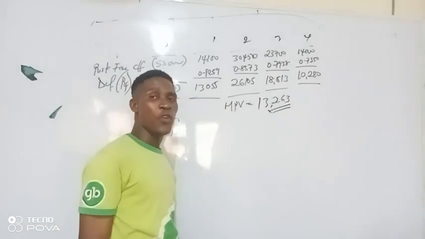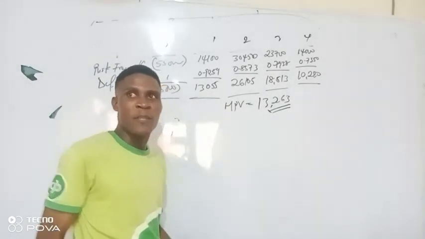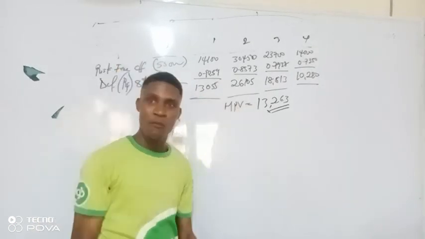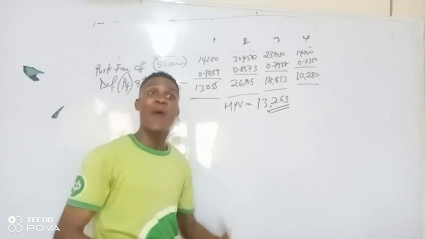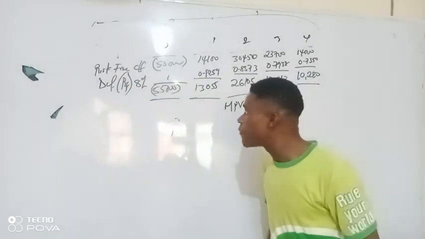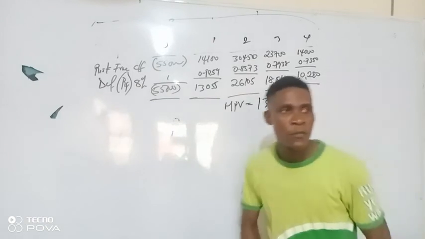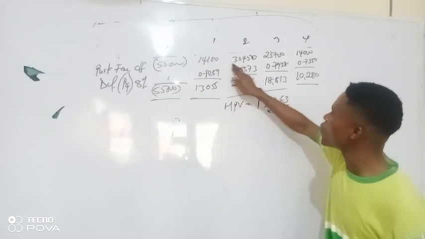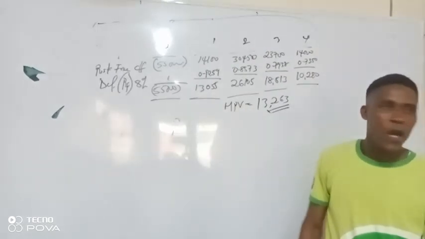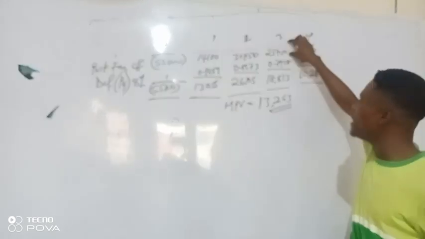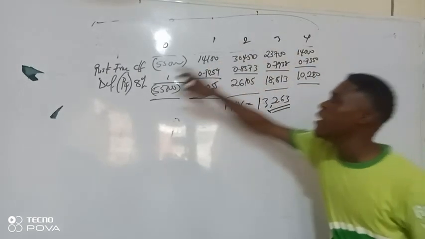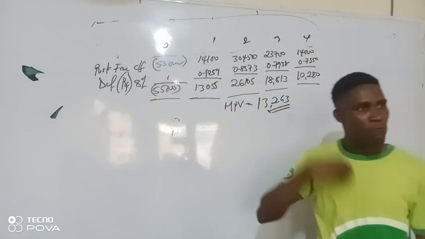Now, if you want to use simulation modeling, it depends on the management. The management can create different scenarios that are likely to occur. They can say, if something happens and all these cash flows did not come in at once, and all the cash flow now comes in year 4, what will be the effect on the NPV?